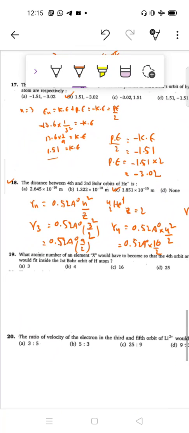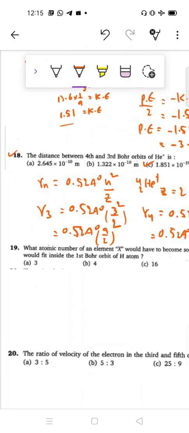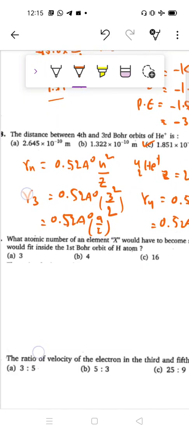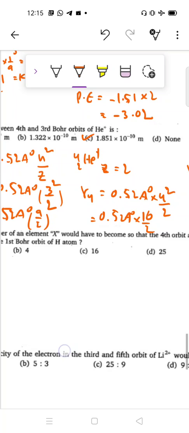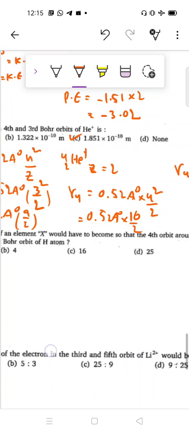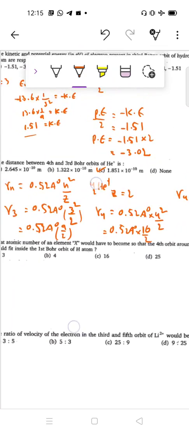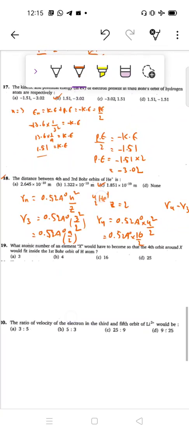Okay, next problem is the 19th problem. Let us focus on the 19th problem. Here the question is, what would the atomic number of an element X have to become so that the fourth orbit around X would fit inside the first Bohr orbit of the hydrogen atom.